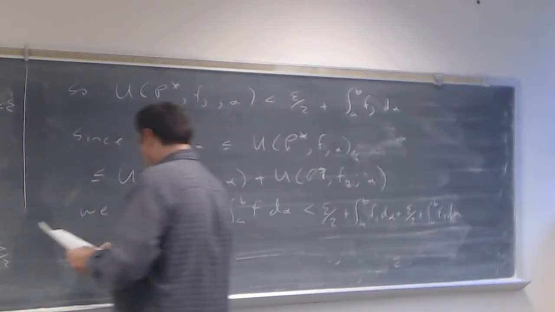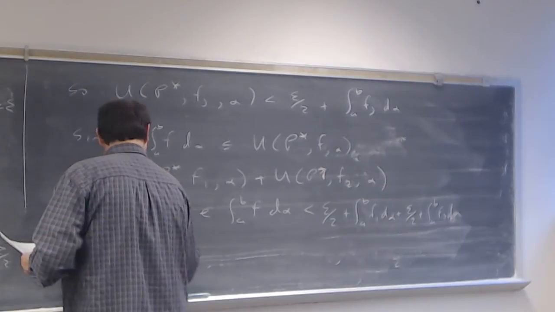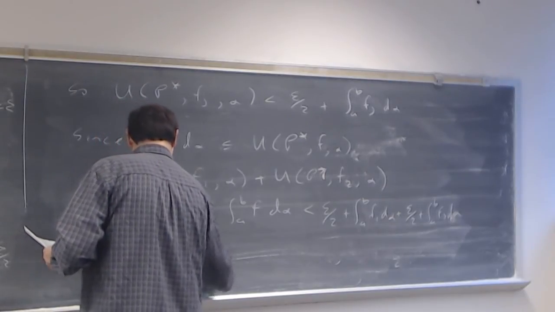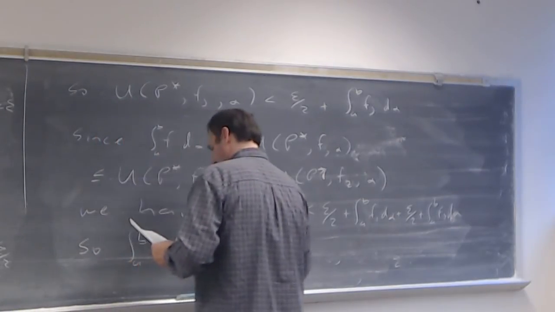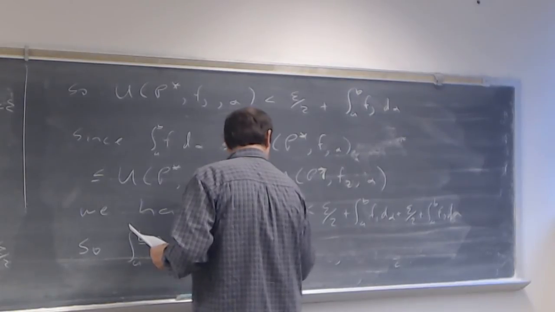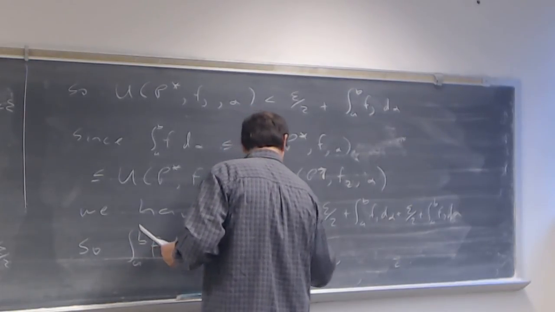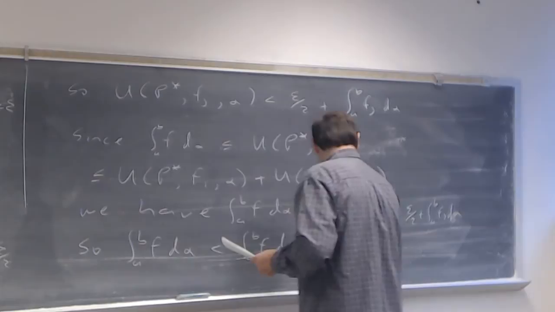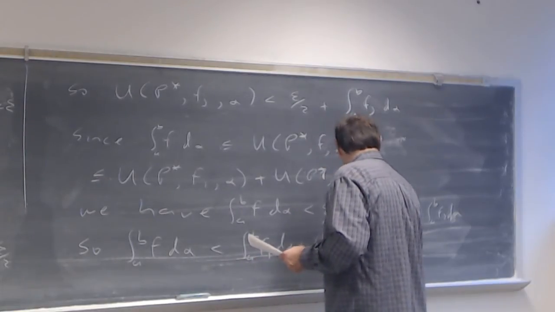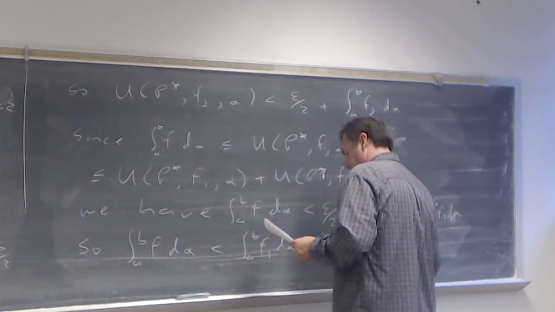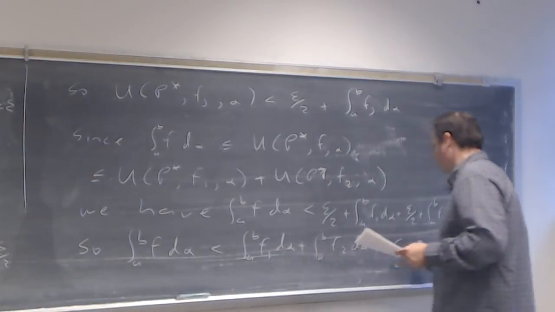Okay? So that says the integral from A to B of f d alpha, which we know exists, is less than the integral from A to B of f sub 1 d alpha plus the integral from A to B of f sub 2 d alpha, and then plus epsilon.